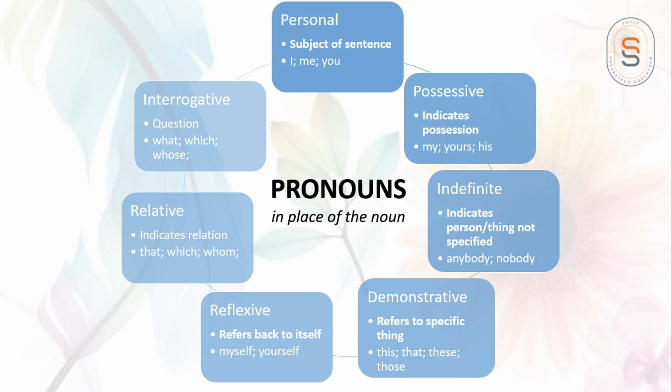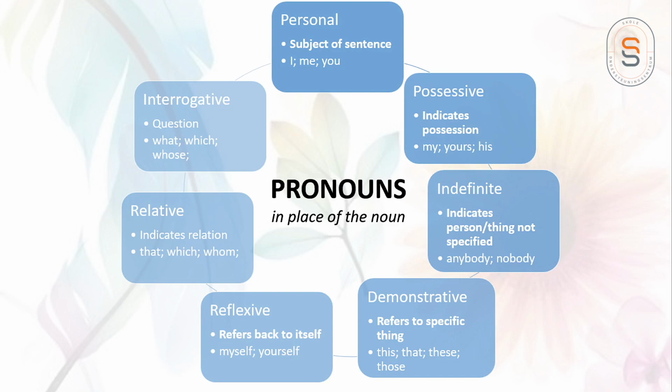We get different types of pronouns. We get a personal pronoun, which is the subject of the sentence, I, me, and you. We get the possessive pronouns. Possessive, it indicates possession, mine, yours, my, his. Indefinite, when something is not specified, anybody, nobody.